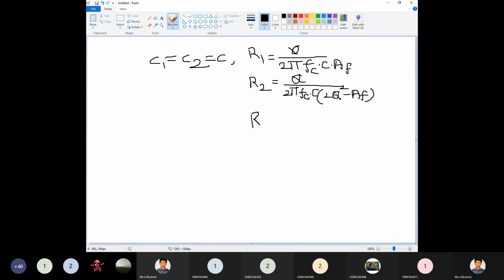R3 equals Q by pi Fc into C. AF equals R3 by 2R1 at Fc, where AF is less than 2Q square.